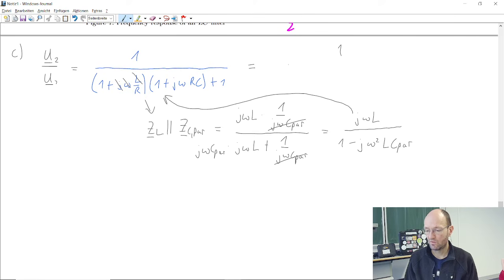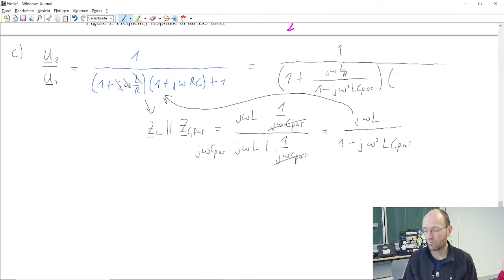So I can copy and say there is 1 divided by 1 plus, now this term, j omega L divided by R, what we had before, but now divided by 1 minus omega squared L C parallel.